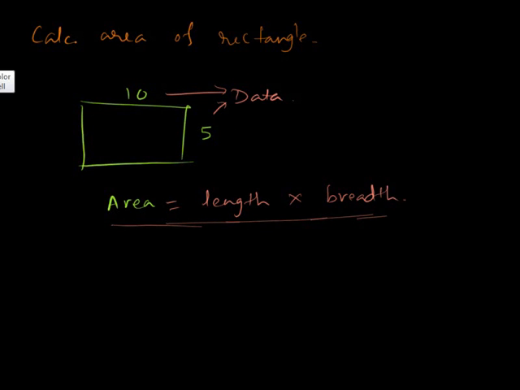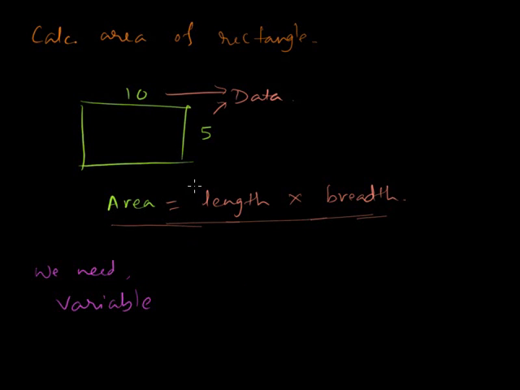So we have data, we have the formula, and what do we need to store data? We need variables to store data, right? We studied this earlier also, that data is to be stored in variables, and a variable is nothing but a memory space given some name to access it.